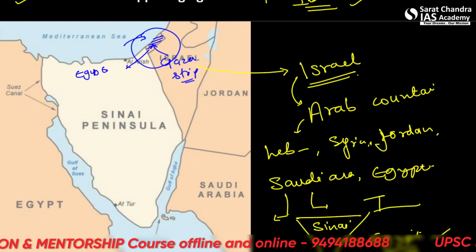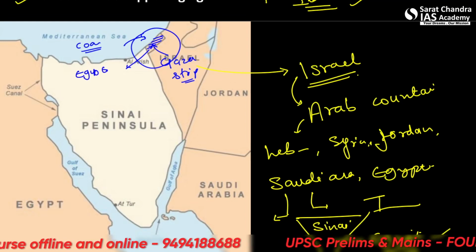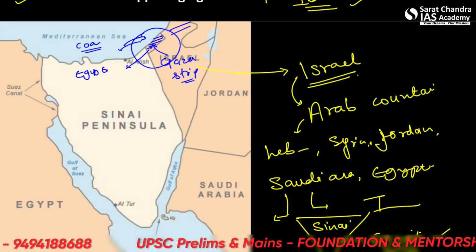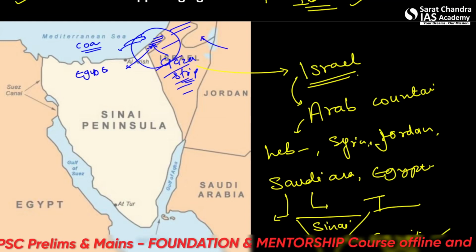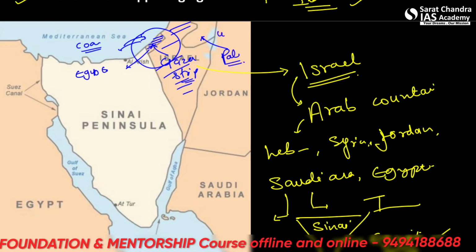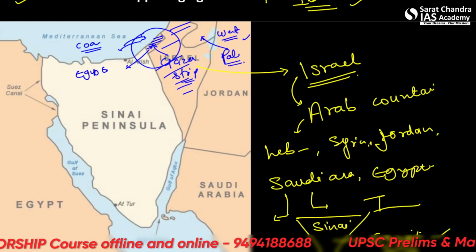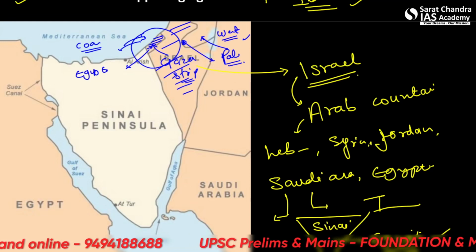It has a coastline to the Mediterranean Sea, and that's how it gets many of the travels and cargoes. This is the territory of Israel. This is the territory which is known as Palestine or the West Bank, which is under administration of Jordan, custody of Jordan. And here is the capital of Palestine, which is East Jerusalem.